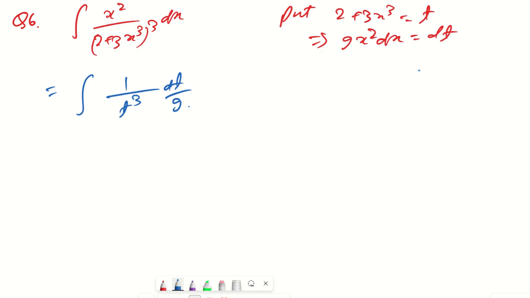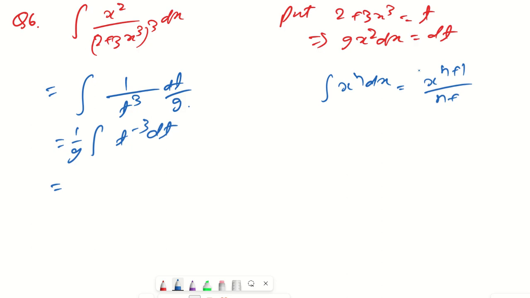Okay, now this is a very easy question, we can do 1 by 9 integration of t to the power minus 3 dt. So you know integration of x to the power n dx is x to the power n plus 1 by n plus 1. So similar to that we can put it as 1 by 9 into t to the power minus 3 plus 1 by minus 3 plus 1, right, plus some constant c.